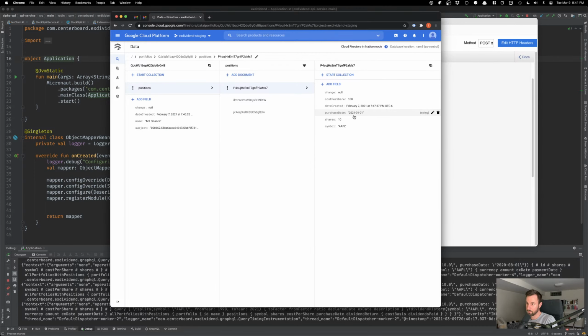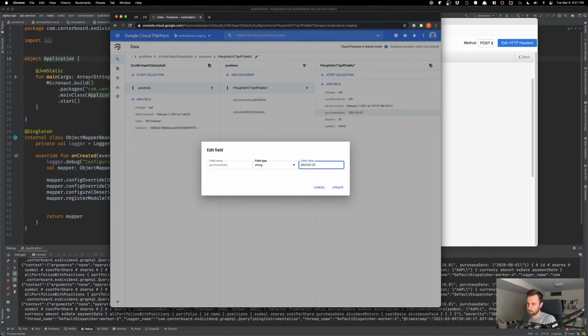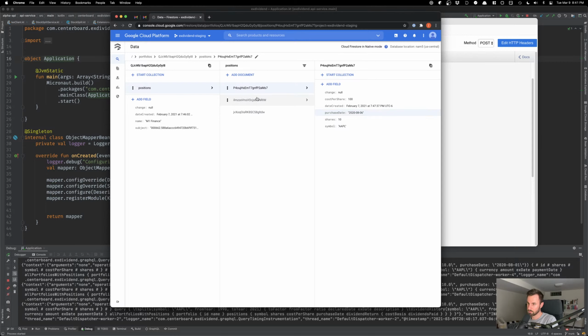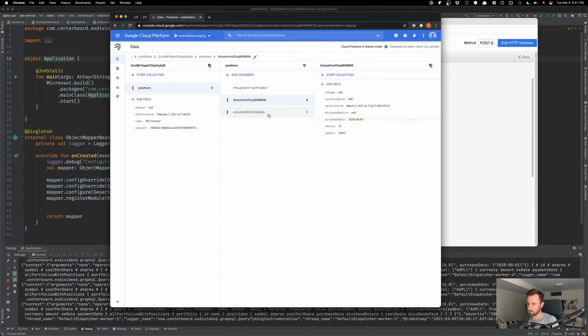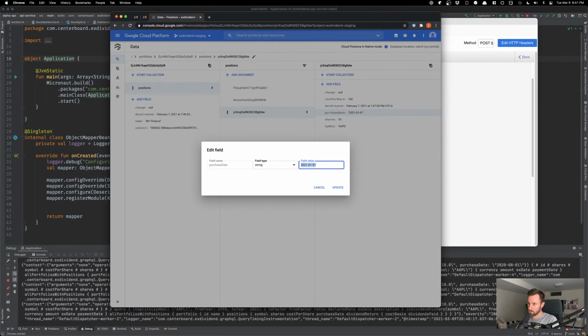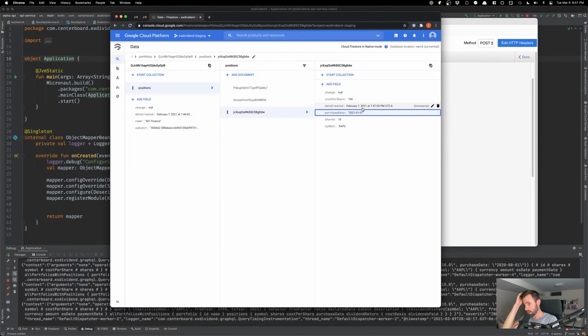2020-08-06. Actually, I'll leave one of them the way it is so that it still looks the same.